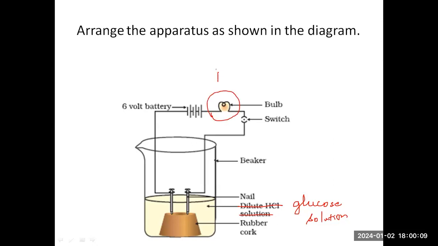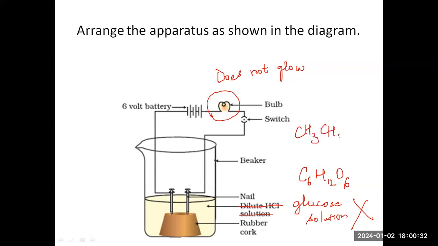See that the bulb does not glow. It indicates that the glucose did not conduct electricity, though it has hydrogen in it. Same observation is with ethanol.